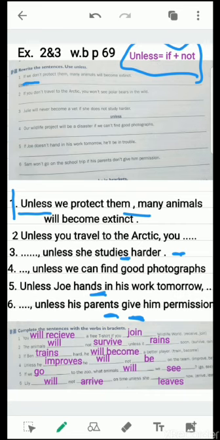If Ben trains hard, تدرب, trains means تدرب, he will become a better player. إذا تدرب بشكل جيد سوف يصبح لاعب ممتاز. Unless he improves, he will not be on the team. إذا لم يتطور لن يصبح بالفريق.